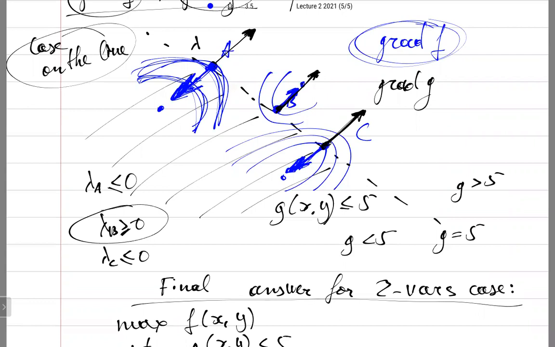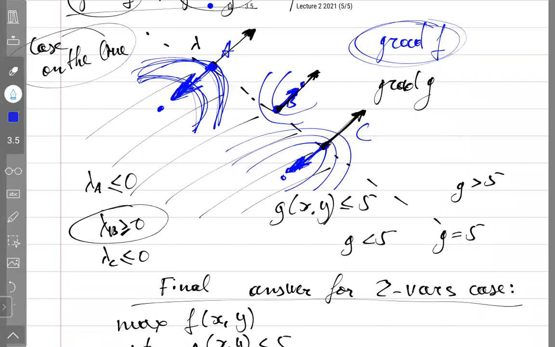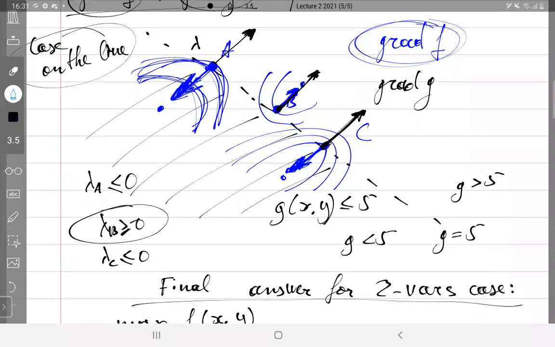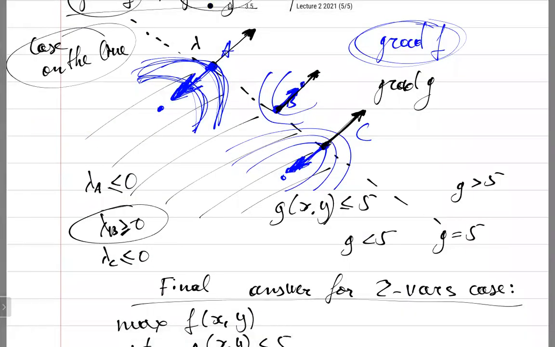And now we move on to the black level curve. The black level curve is that line, because it's a straight line. To simplify our exposition, we have drawn only one case, to build up the intuition. So our level curve is just a line.